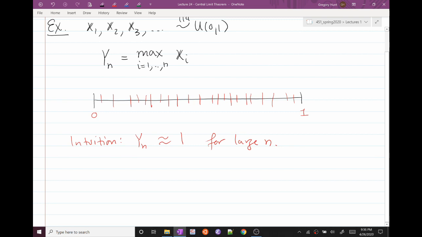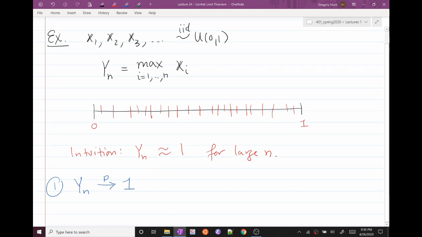And the way we can formalize that is with convergence. First, we're going to show that these Y sub n's converge in probability to 1. And so the maximum converges in probability to 1.